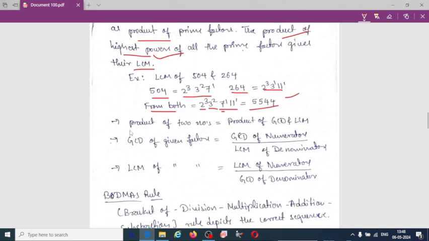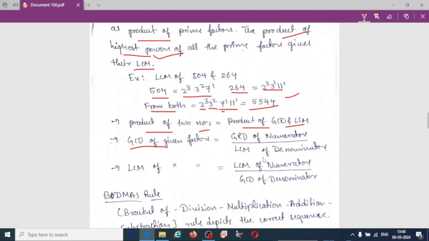So some points you should remember here. If you know the product of GCD and LCM, you can solve for the product of two numbers. The product of GCD and LCM is nothing but the product of the two numbers. The GCD of fractions is the ratio of what?